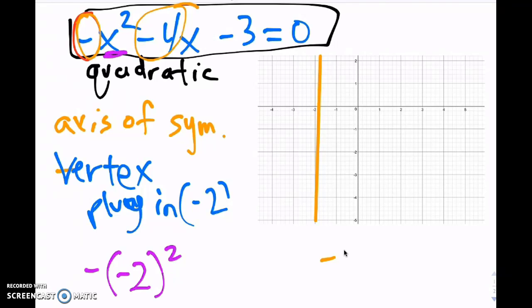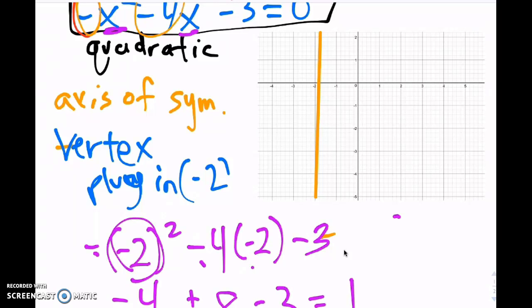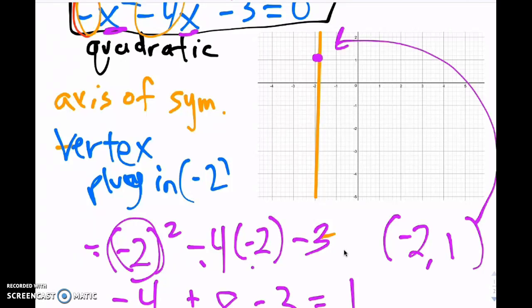We plugged in negative 2 for x. Minus 4 times negative 2 here. Minus 3. It's getting a little complicated. Negative 2 squared is positive 4. We got this negative out front, so it's negative 4. Negative times negative is a positive 8. Minus 3. I can tell, doing some quick mental math, that we're going to get 1. So our vertex is at negative 2 comma 1. There it is right there. This is our vertex. Everybody see that up in your graph here?